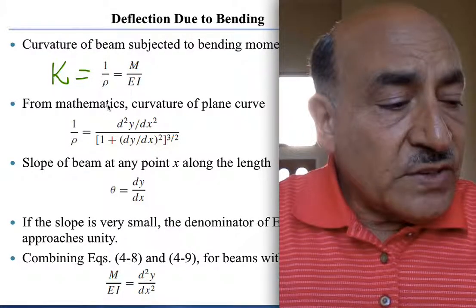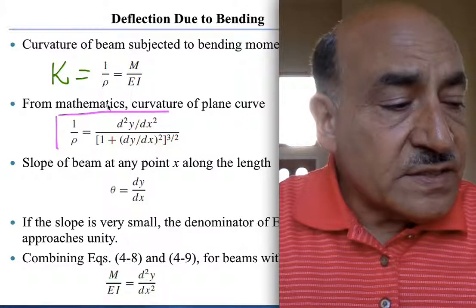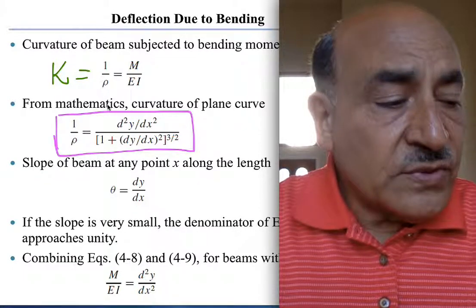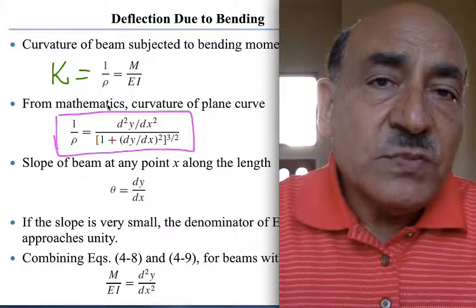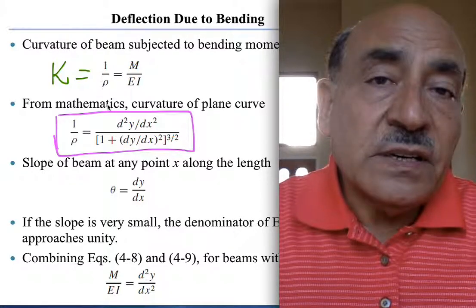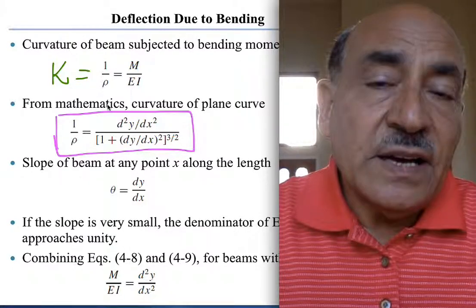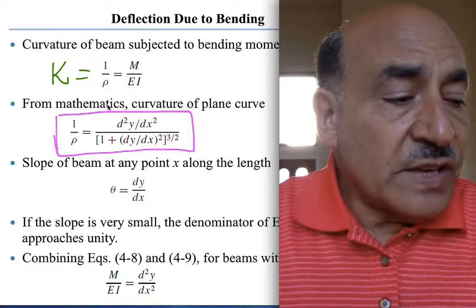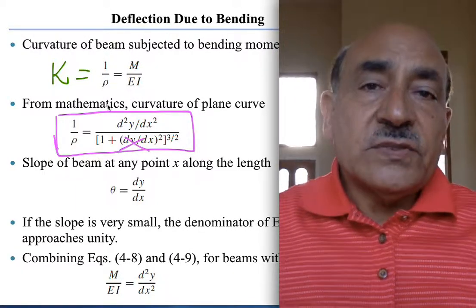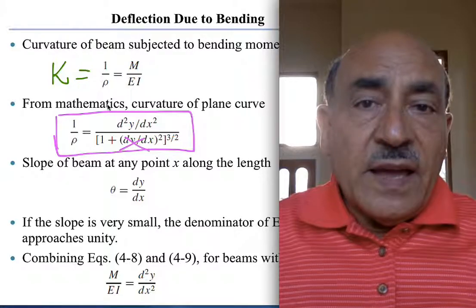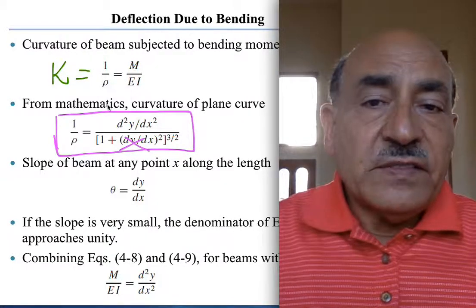So if we look at this equation, this is the curvature, and for very small slope, meaning dy by dx is very small, then we can ignore the influence of the first derivative compared to unity. It would be very, very small.